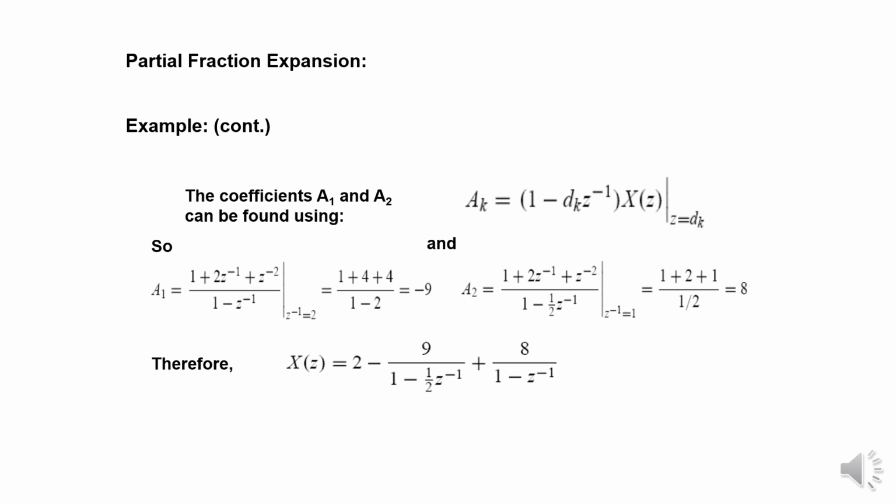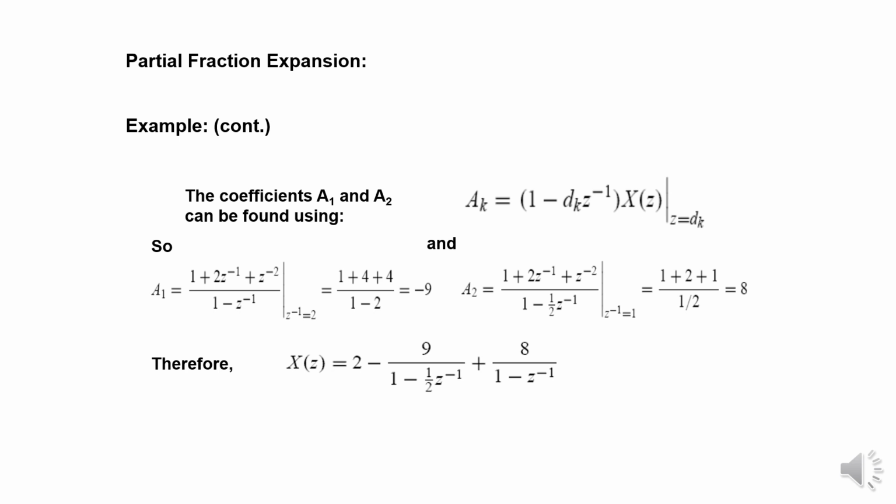So X(z) is 2 minus 9 over 1 minus 1 over 2 z to the power minus 1 plus 8 over 1 minus z to the power minus 1, right? So this is where we have completely found our partial fractions.